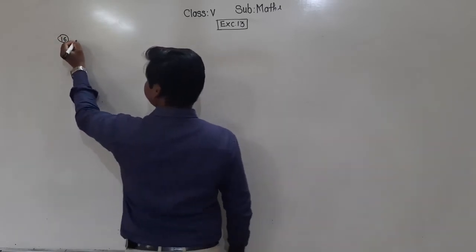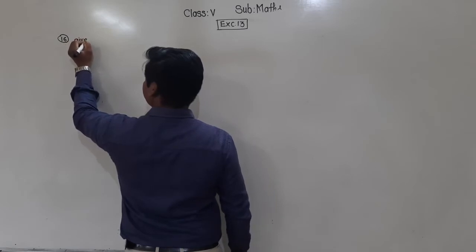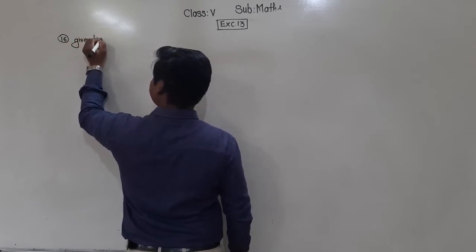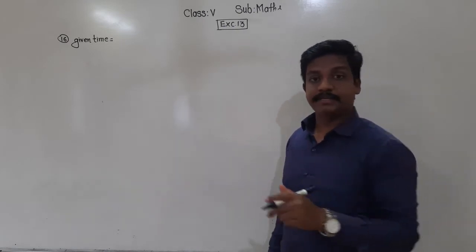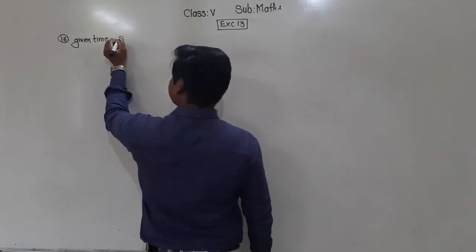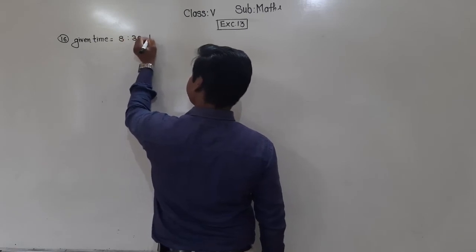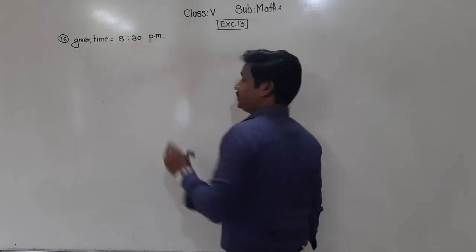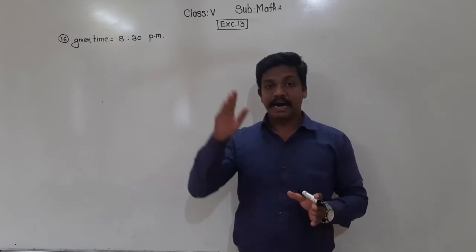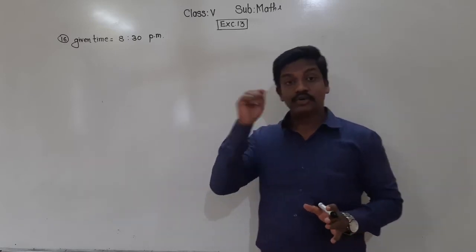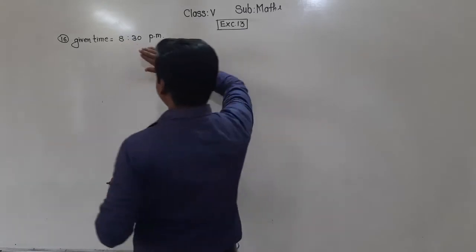What is the given time? The given time is 8:30 p.m., and you know p.m. means afternoon or night.